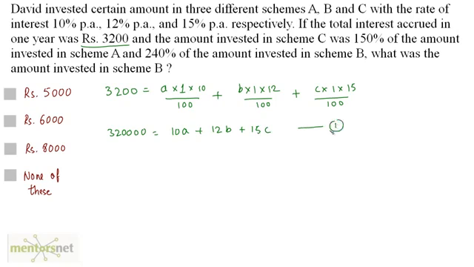So this is equation 1. Note that A, B and C are the amounts invested in schemes A, B and C respectively.